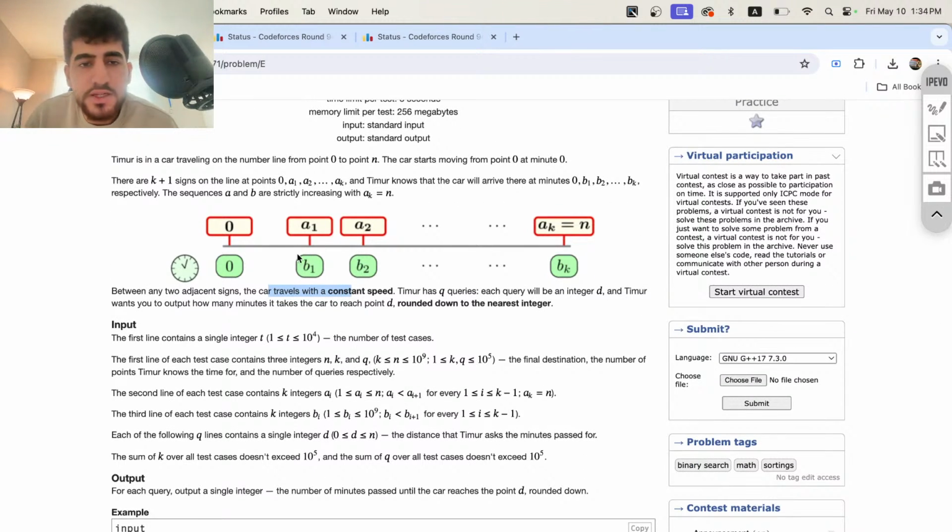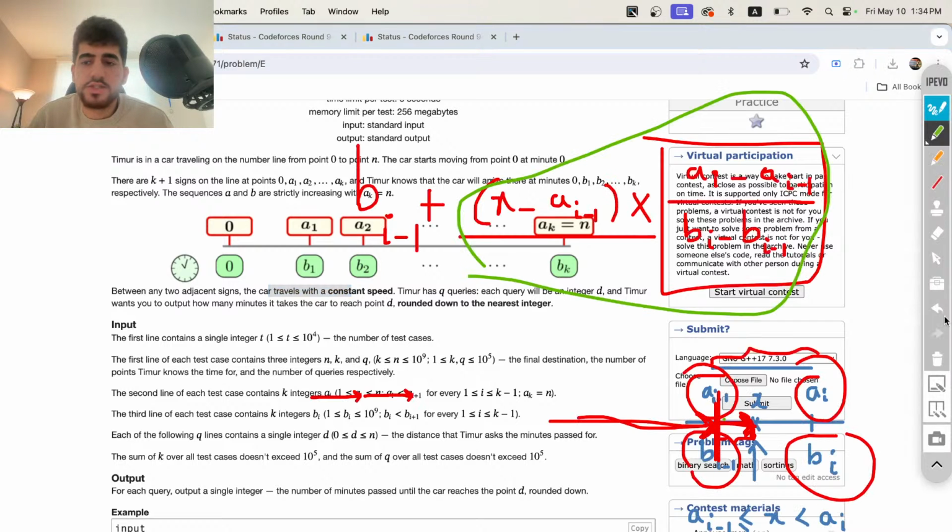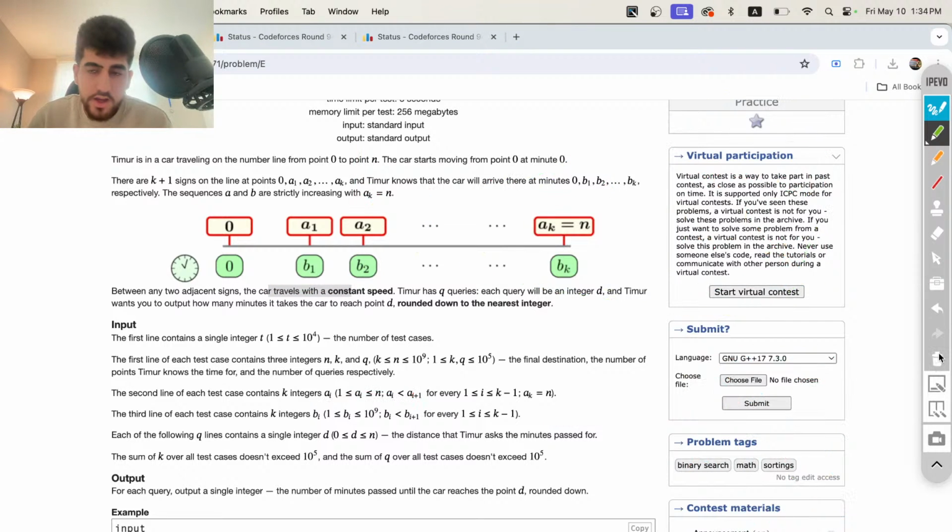So the speed between each two signs is the same. Now I want to see what is the time that I will reach some x. I can easily find out what my speed is between these two signs.